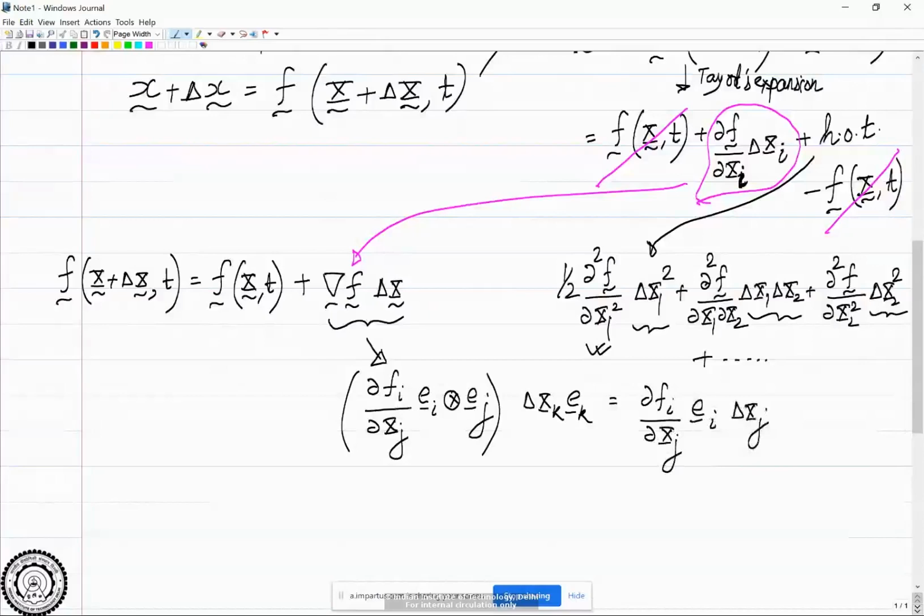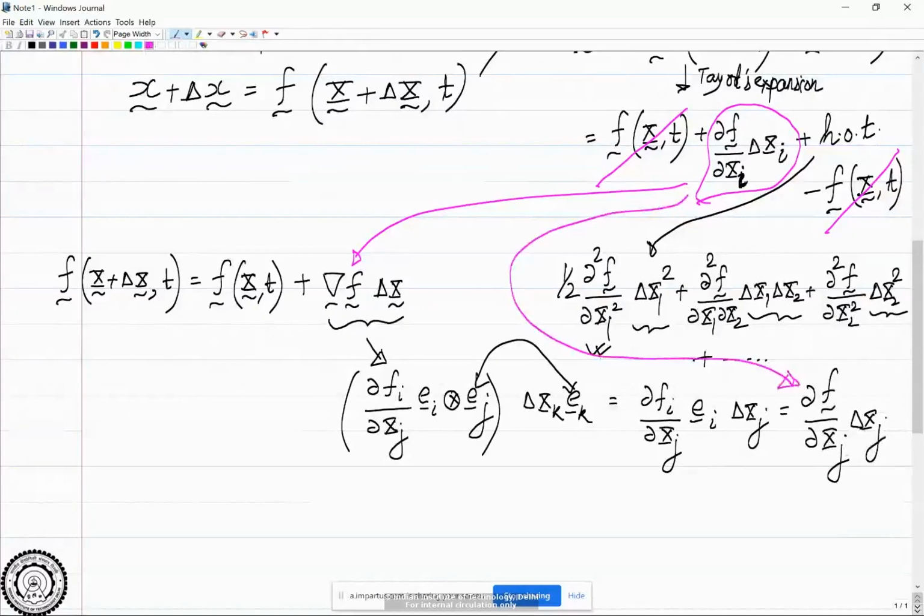Is that correct? Because you see ej dot ek will be delta jk, and delta jk into delta xk, that becomes delta xj, which is same as del f over del xj delta xj, right? And you see this is what it is here. It's the same thing. But now I have written in a tensor form.